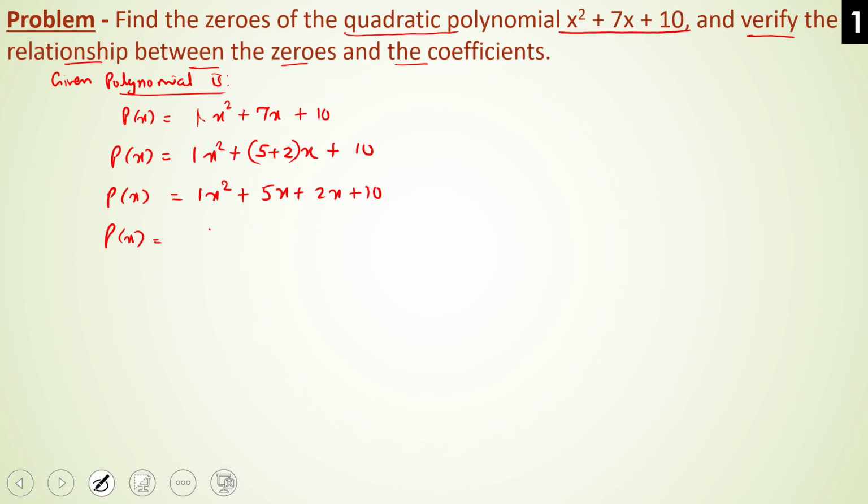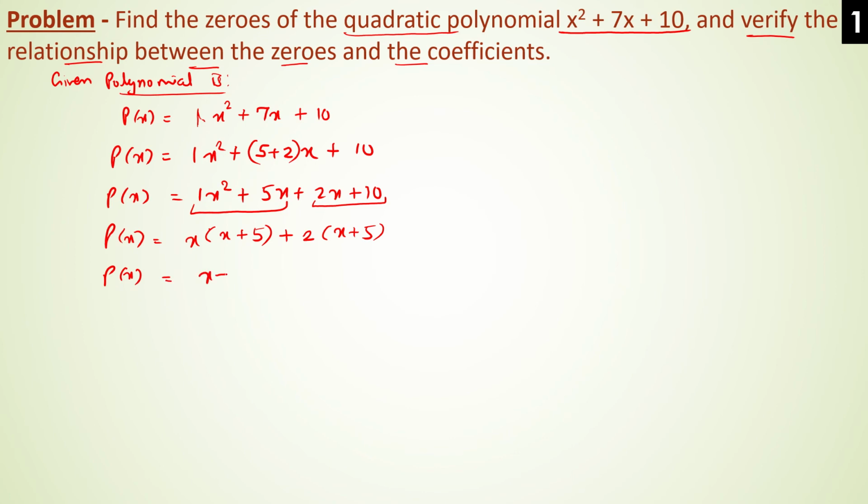Here we can take x as common from the first two terms. So we get x plus 5, and from the next two terms we can take 2 as common. So P(x) equals (x plus 5) into (x plus 2).